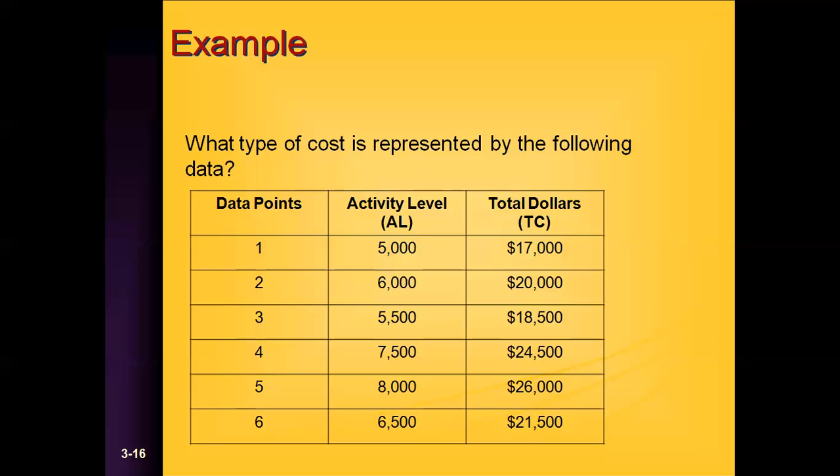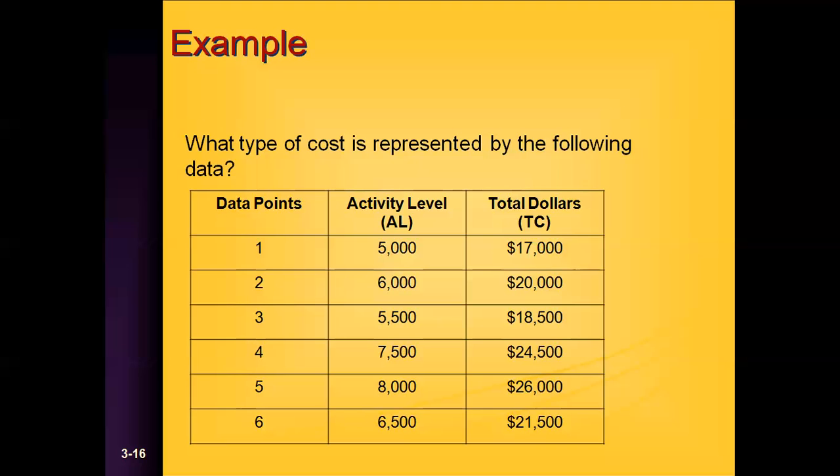Now, if we look at that, there doesn't necessarily seem to be a linear relationship between the activity level and the total dollars, as there was on the previous slide. We've got 5,000 and there's 17,000 costs. We've got 6,000 and there's 20,000. Then we've got 8,000 and there's 26,000. What the heck? That's not linear.